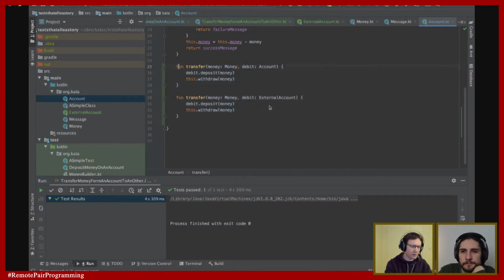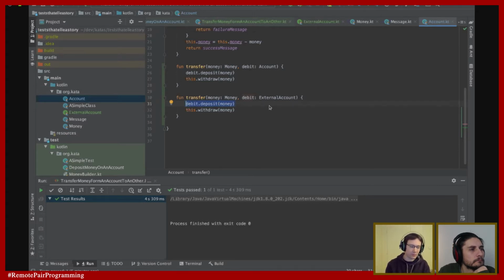One is from one account to another within the bank, and the other is from a bank to another bank. This means that when we deposit money here, we will very likely do some complex operation with network calls and things like this.